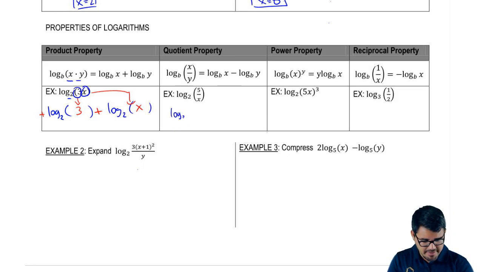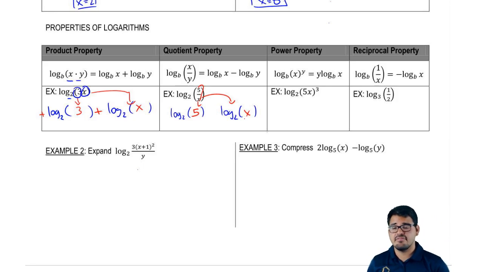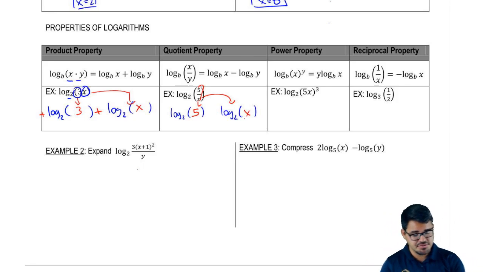So we get log base 2 and a log base 2, and we input its independent things, the 5 here and the x here. We know the 5 and the x are supposed to be subtracting because we have two factors. Remember, we count our factors.